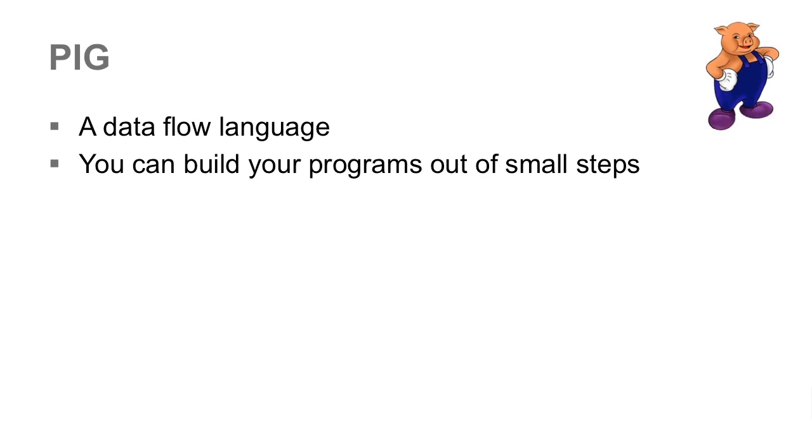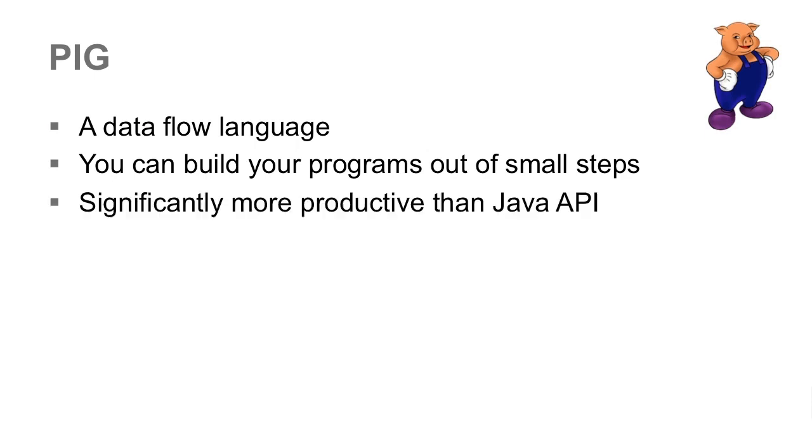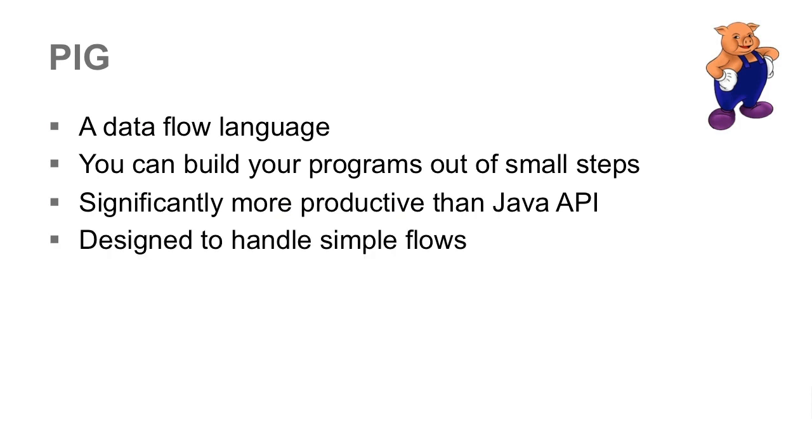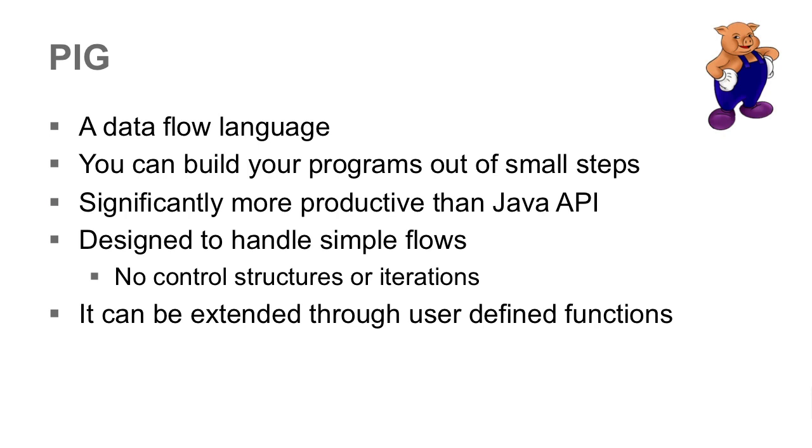So you can write a line, try it out, write the next line, see how that works, and so you have a fairly iterative and incremental way of building your Hadoop programs. Productivity is similar to Hive, so much more productive than using Java APIs. But Pig itself is designed to handle relatively simple flows, so there are no control structures or iterations, and we can extend it using user-defined functions.